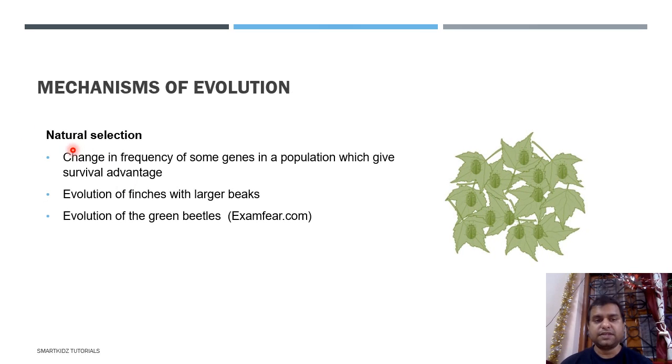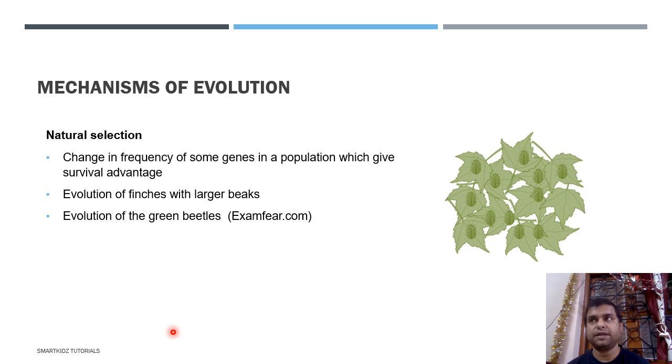In the second case, we discuss natural selection, the one we spoke about in the first case, where in the first scenario we saw how red beetles got eliminated because they were easily visible to their predators, that is the crows, whereas the green beetles got naturally selected because of their color.